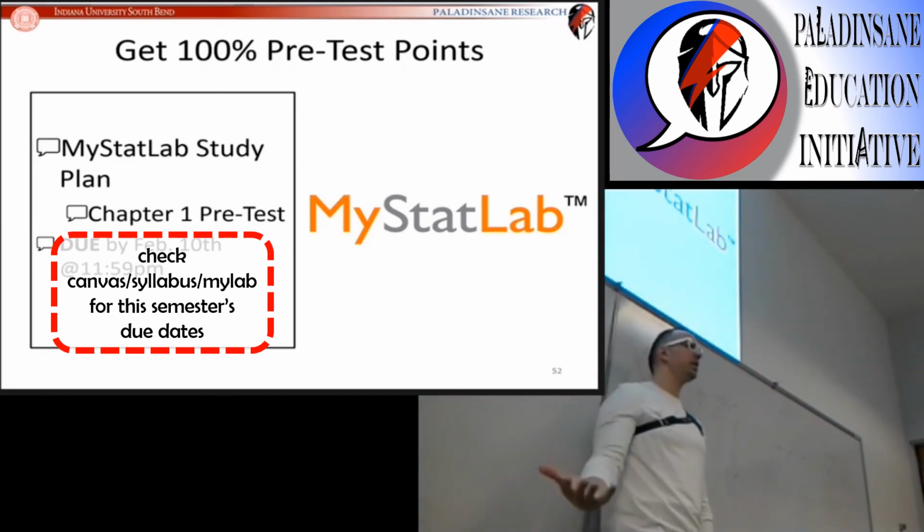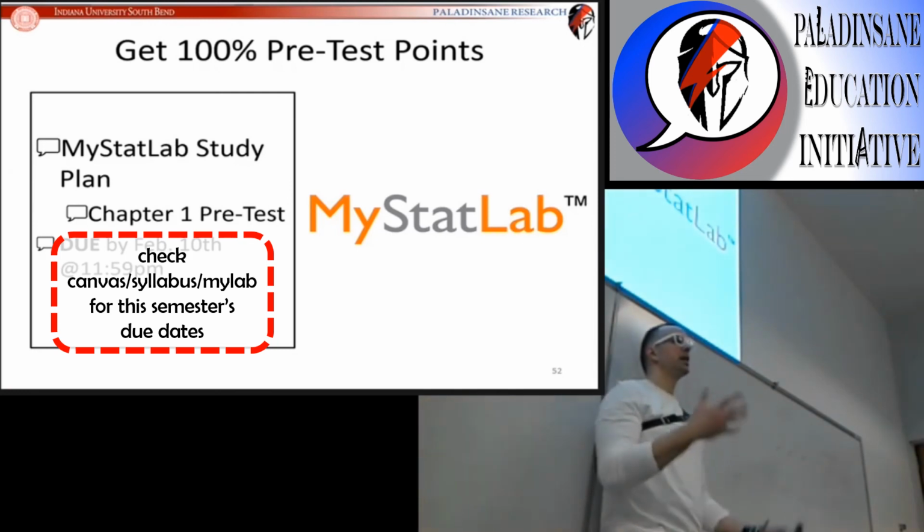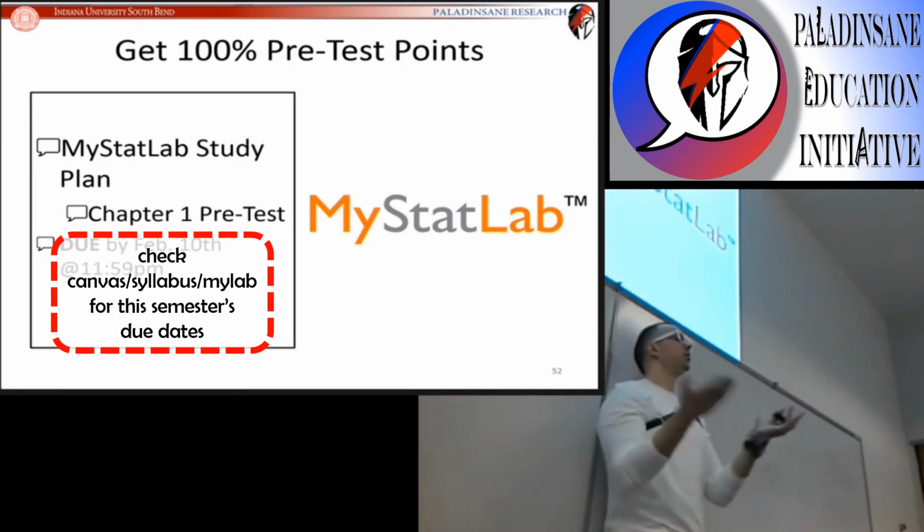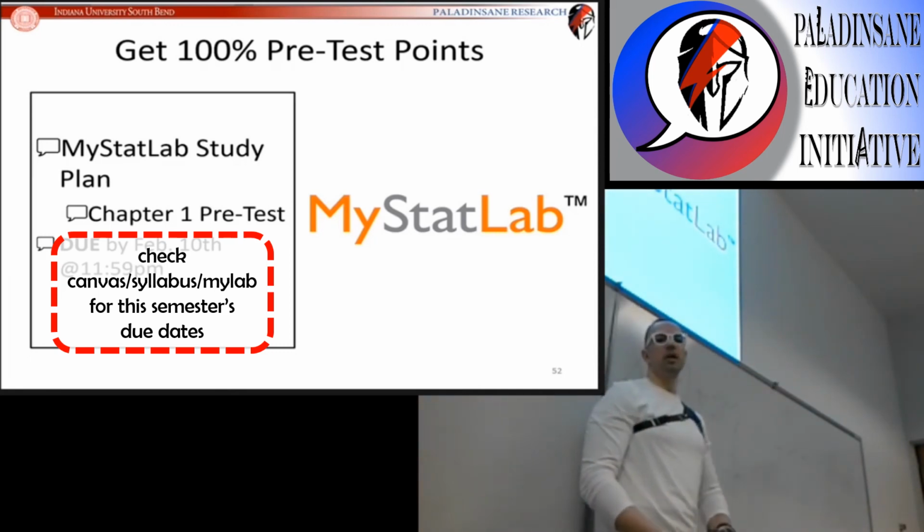So in about a week's time, try to finish up those mastery points. What I will do is the day of the exam, I will download your mastery points, and then whatever is higher, your pre-test or your mastery points, that will be your final score for each particular pre-test. So Chapter 1 mastery points due February 10th by midnight. Chapter 2 mastery points also due February 10th by midnight.